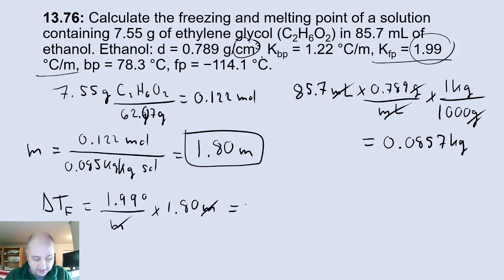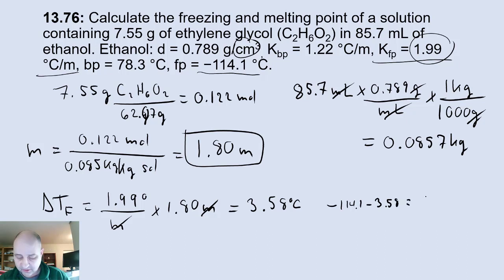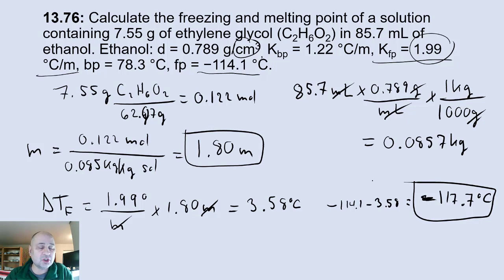Molality cancels, and we end up with a change in temperature that's 3.58 degrees Celsius. That's for the freezing point. We're provided with the freezing point, negative 114.1, so we subtract 3.58, which is going to give us a new freezing point of negative 117.7 degrees Celsius. New freezing point of the solution.